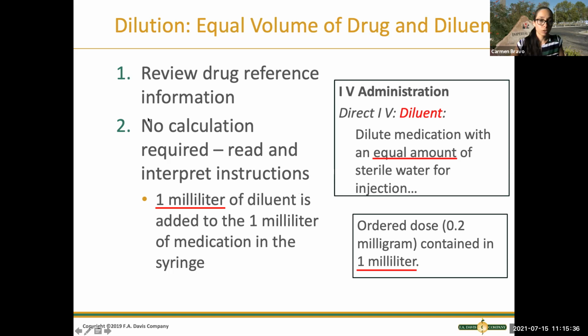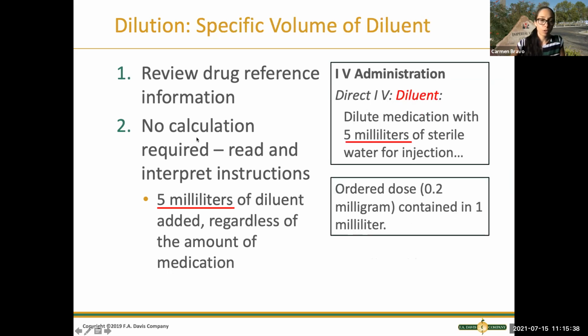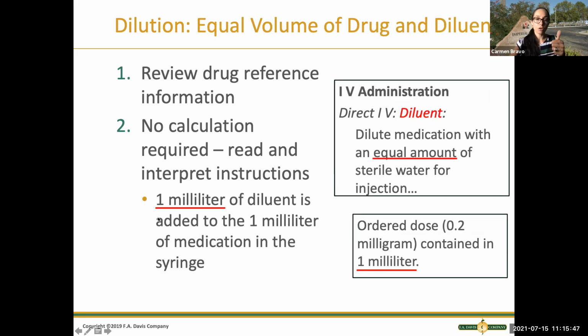This is when it's a specific volume of diluent. That's one of the 4 instructions. The specific volume is telling you right there. The other is equal volume of drug and diluent.